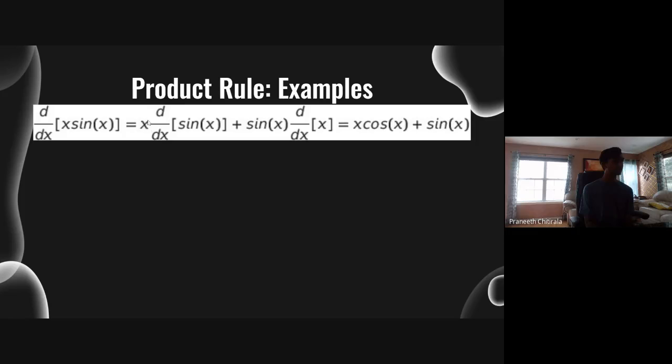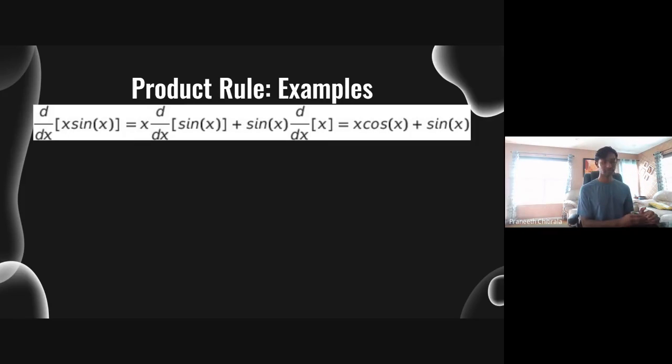So you just do one function times the derivative of the other function: x times the derivative of sine of x, plus sine of x times the derivative of x. The derivative of sine of x is cosine, and the derivative of x is 1. So the derivative of this whole thing, x sine of x, is just x cosine of x plus sine of x.